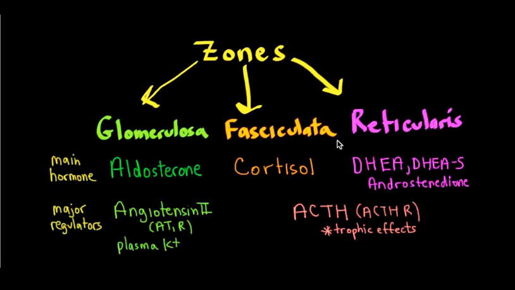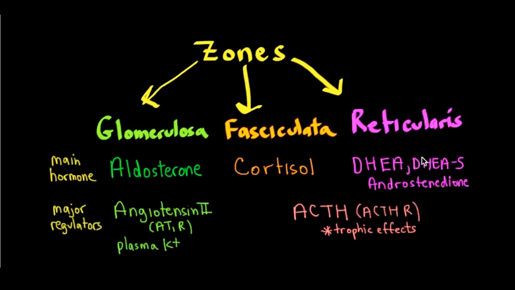And so what I did here was I separated fasciculata and reticularis and said here, well, fasciculata, let's say, is mostly making cortisol, and the reticularis is mostly making androgen. But you might see as you read in different places, sometimes these are just combined together. For this video, we're going to separate them. Okay, so we have cortisol coming out of the fasciculata, and again, androgens coming out of the reticularis.